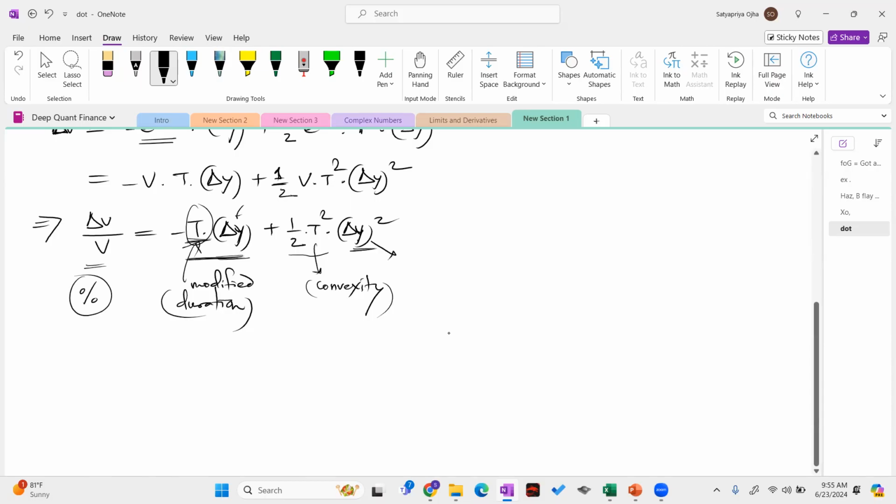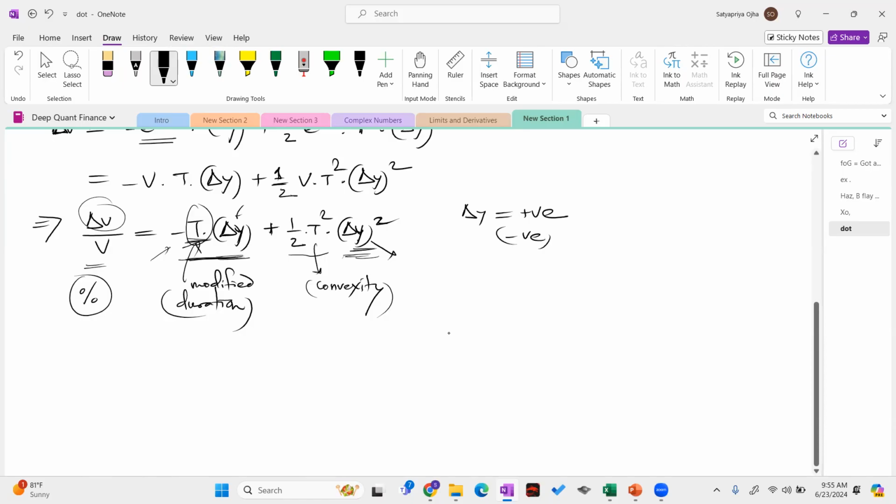And one thing you note here is that this has a minus sign, and that shows an inverse relationship. If delta y goes up, delta V will go down, and vice versa. But if you look at the second term, delta y whole square, it doesn't matter whether delta y is positive or negative, because it's always squared.